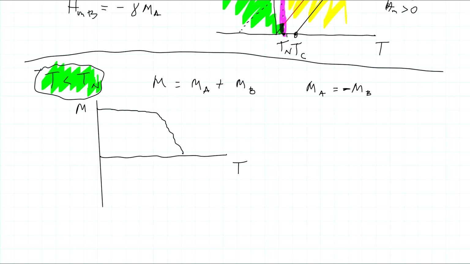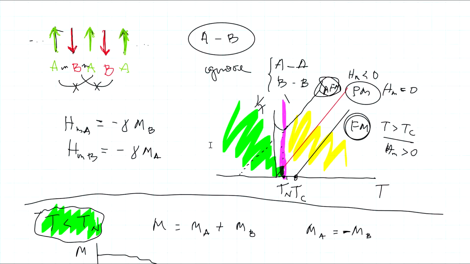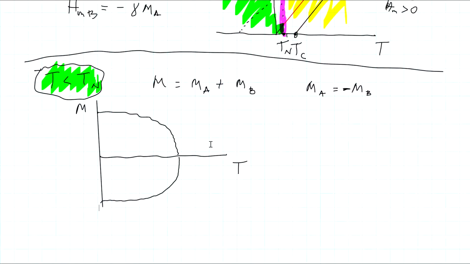But if you plot them separately, then this magnetization would be ferromagnetic-like, and it would look the same for the other one. To be consistent, A is green, B is red.